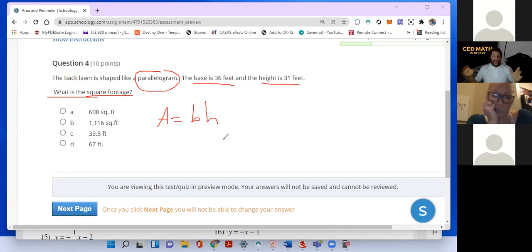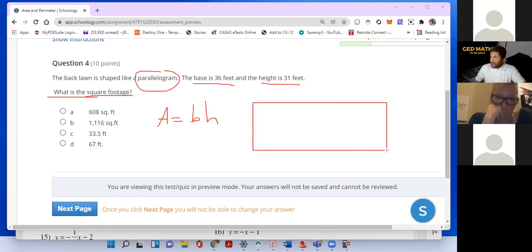Now, this is one thing I want to explain to you real quick. I'm going to show you something, and it's going to blow your mind. What shape is that that I just drew? It's a rectangle, right? When we learn the rectangle, we learn length and width. But guess what? We can use any variable we want, correct? Watch this. I'm going to call this base, and I'm going to call this height. How do you find the area of a rectangle now?